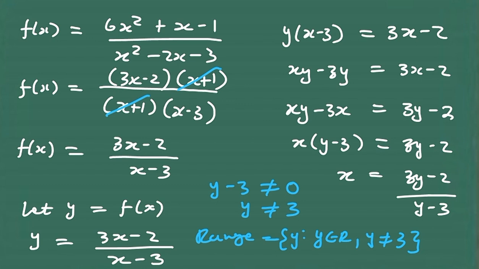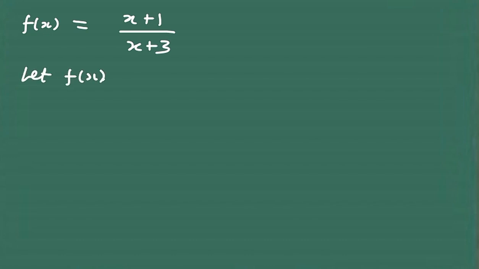Okay, so let's also look at another question before we bring this section to a close. If we have a function f of x equals x plus 1 all divided by x plus 3. So basically we just say let the function f of x equal y.